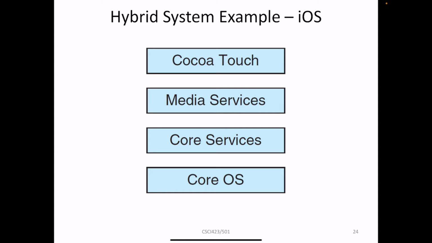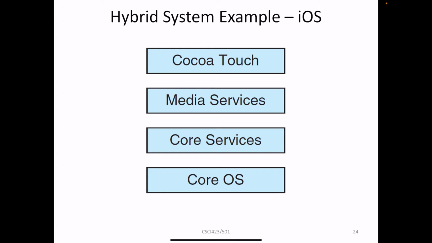The lowest layer is the core operating system. It follows the structure of macOS, and everything is put there, but it is customized for different mobile devices. Above the core operating system layer, we have three other layers.